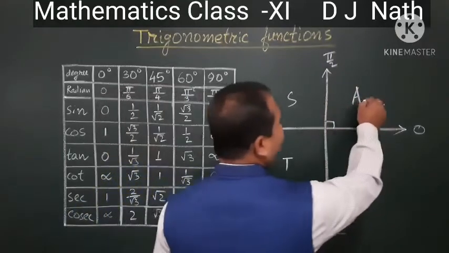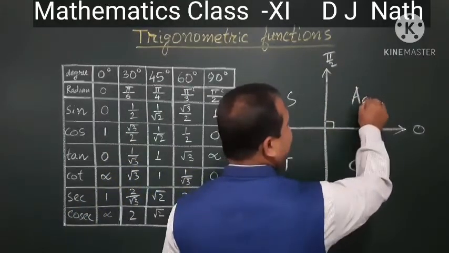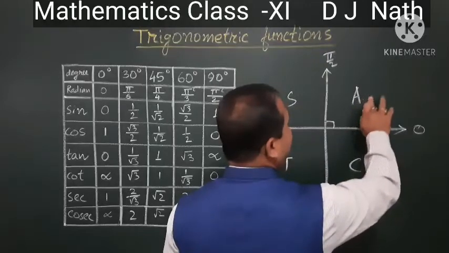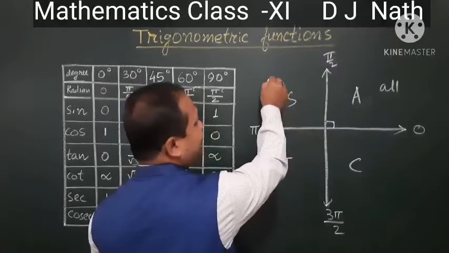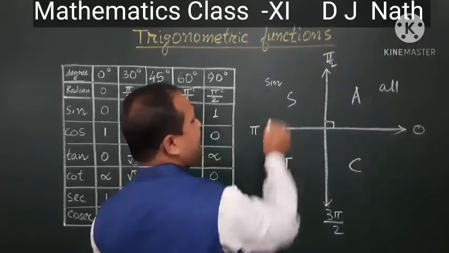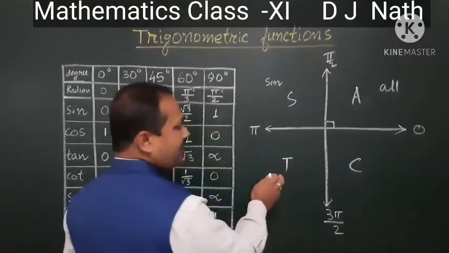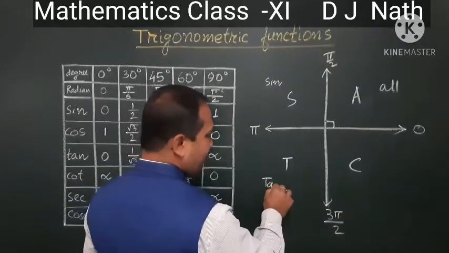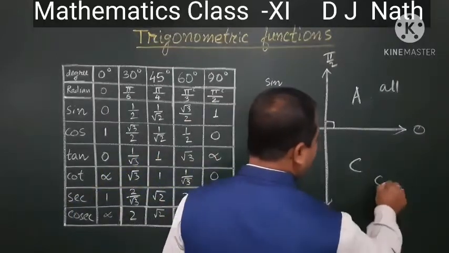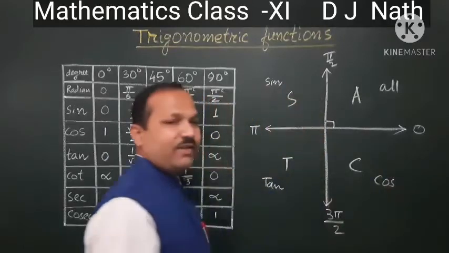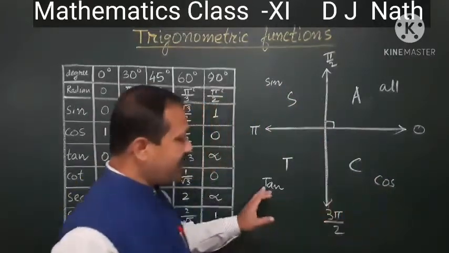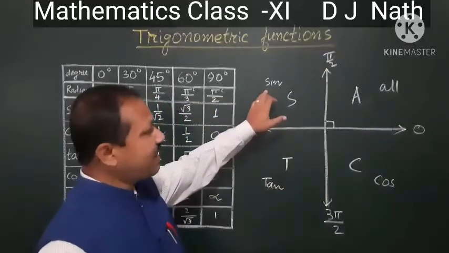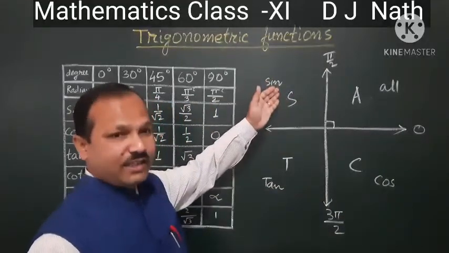A means all positive. S means sine. T means tan. And C means cos. Cos means it can be cos and sec. Here tan means tan and cot. Sin means sin and cosec.